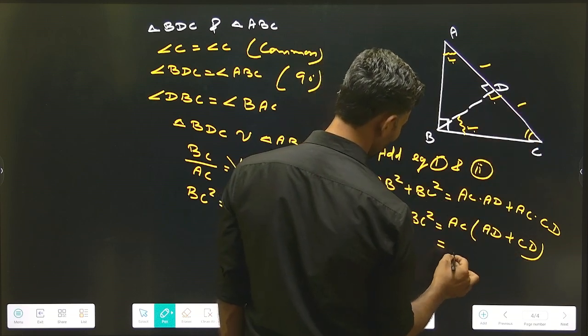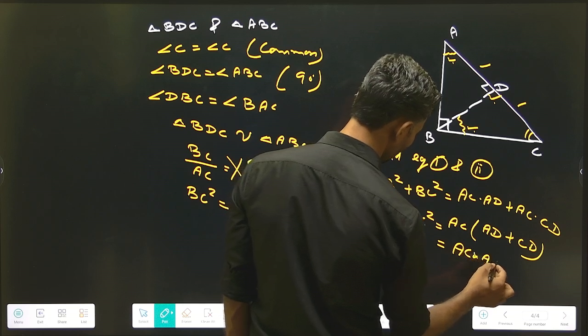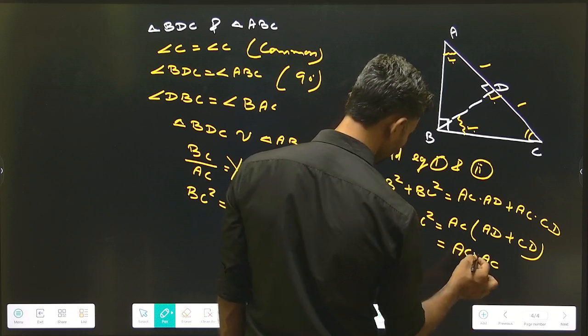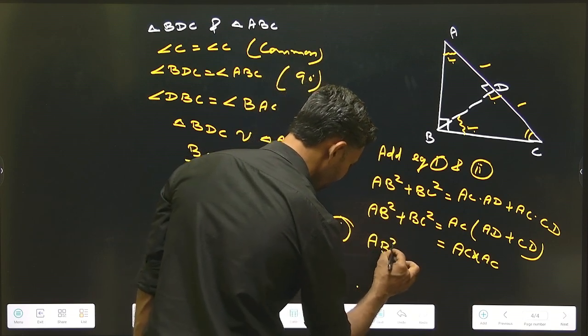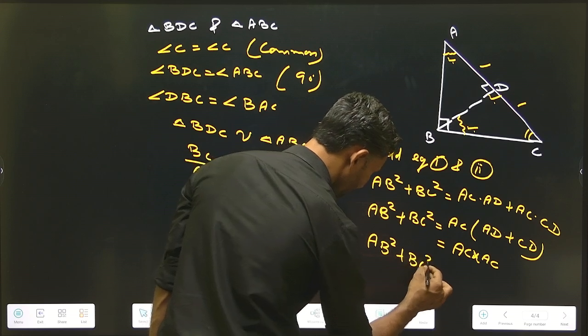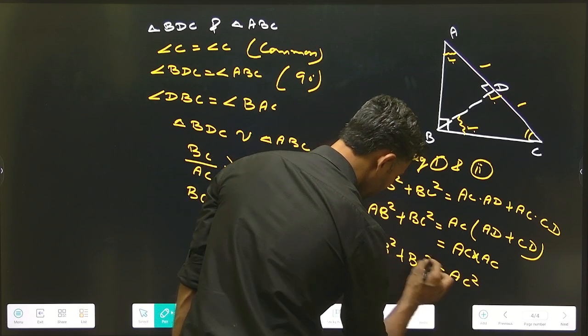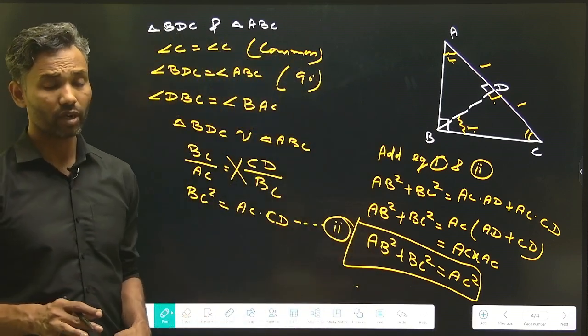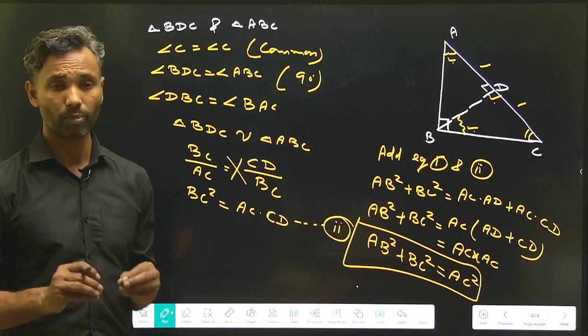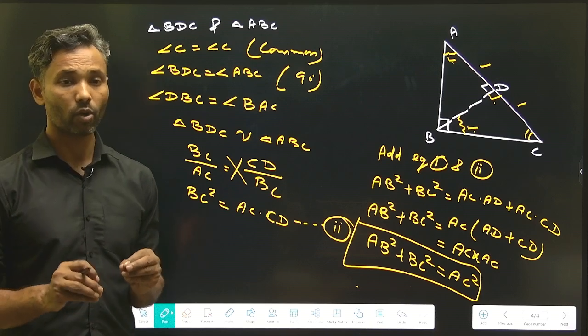So we get AC multiply AC. So AB square plus BC square equals AC square. So this was the proof of the Pythagoras theorem. Understand, students? This was quite a simple proof of the Pythagoras theorem.